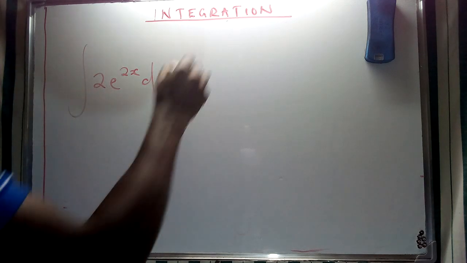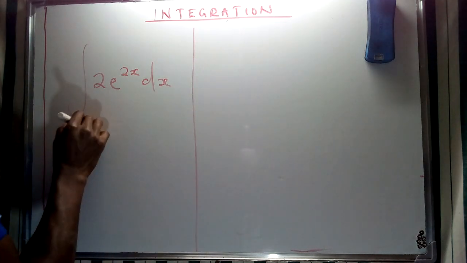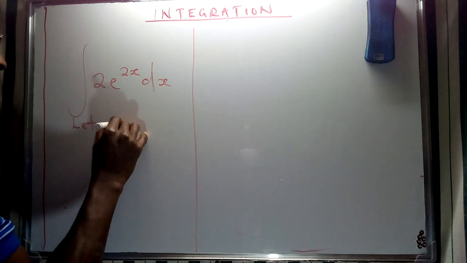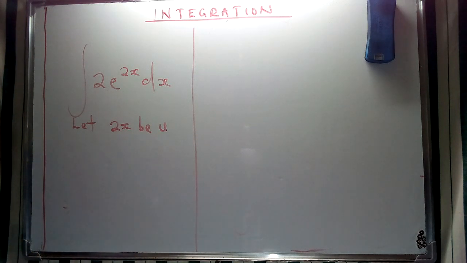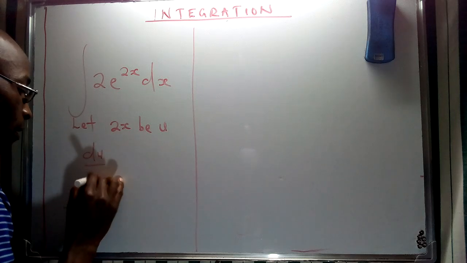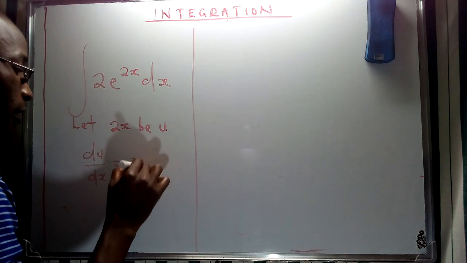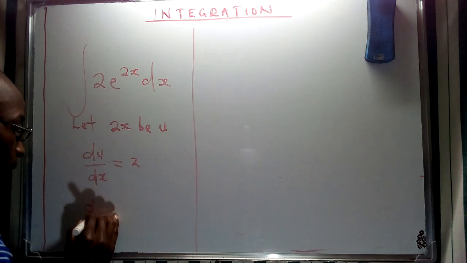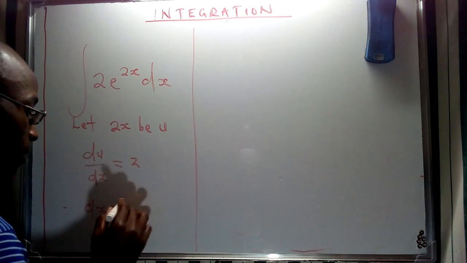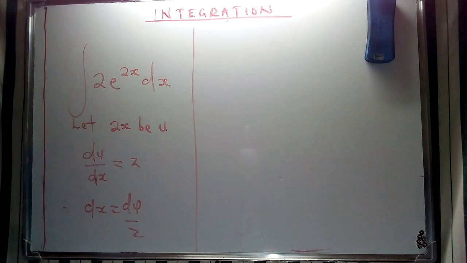So we're going to say let 2x be u, and therefore du/dx is going to be a value of 2. So in order for us to find the value of dx, dx is going to be represented as du over 2.